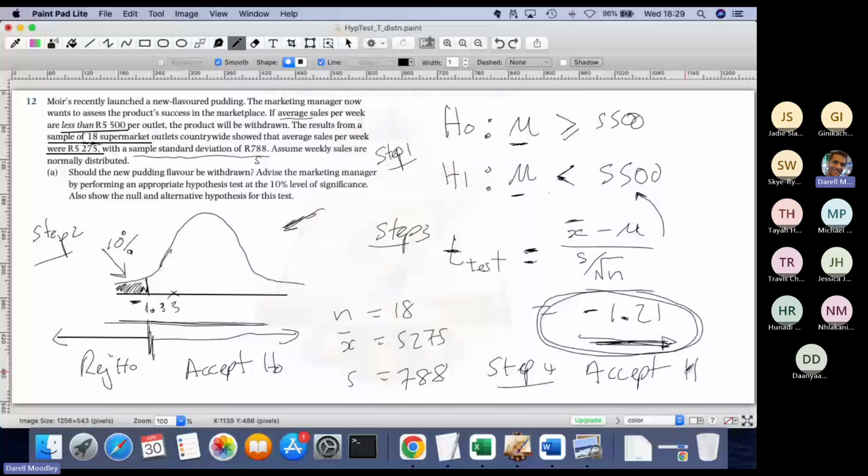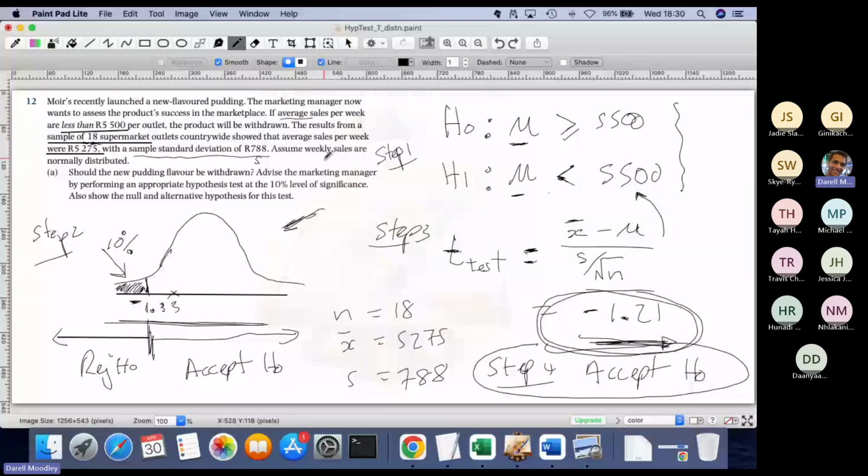Now, if you look at the question, I'll leave it to you to make sense of this, and then I'll answer it. We have accepted H0. Now look at what H0 is and what H1 is. Based on the question here, do you withdraw the product or do you not?